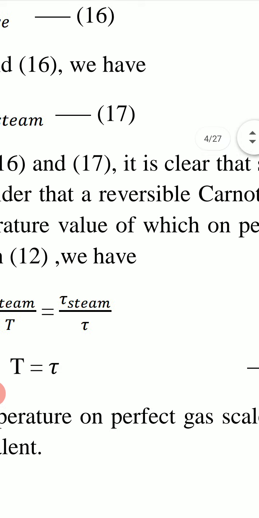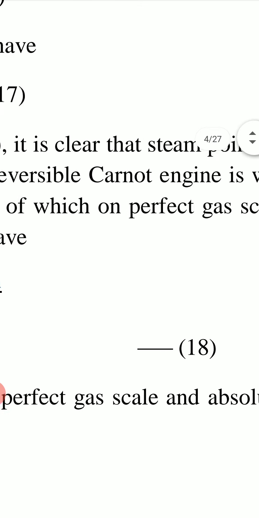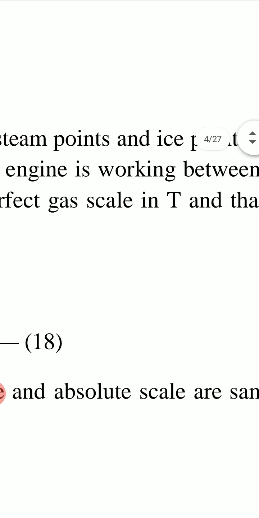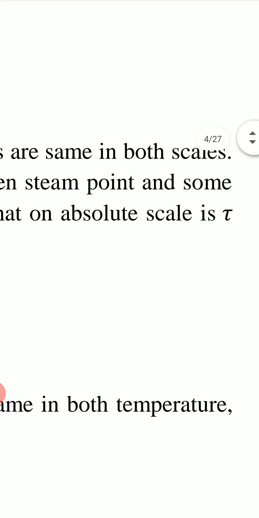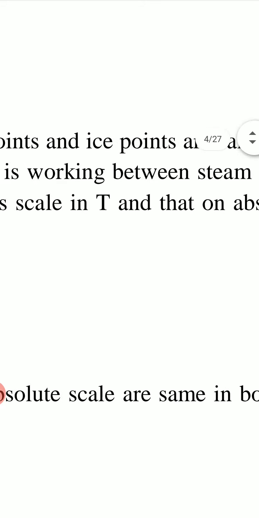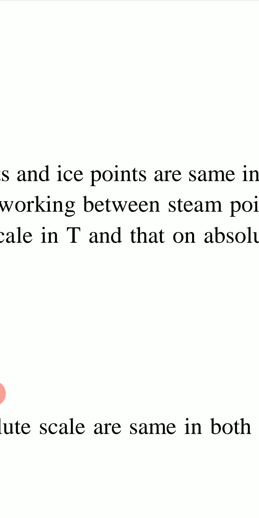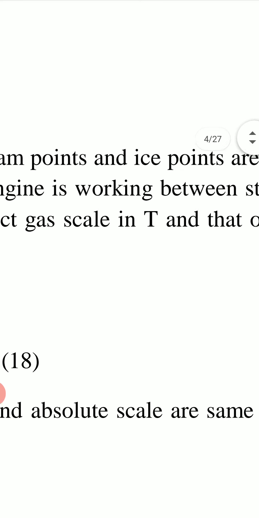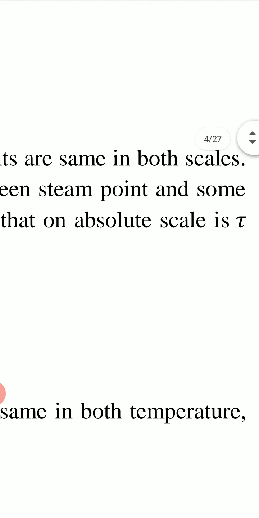Now we consider a reversible Carnot engine which is working between the steam point and some other unknown temperature, which we write as capital T on the perfect gas scale and tau on the absolute scale.